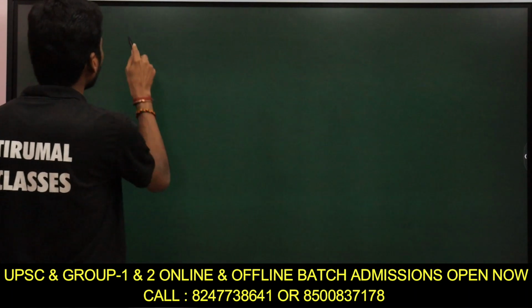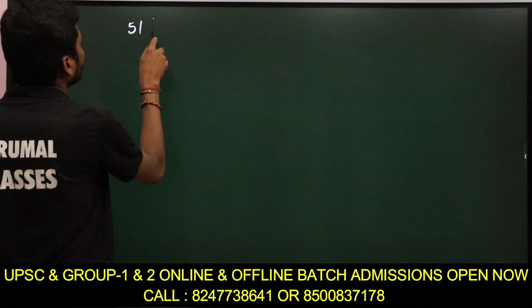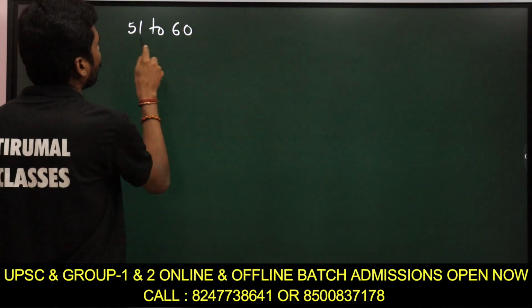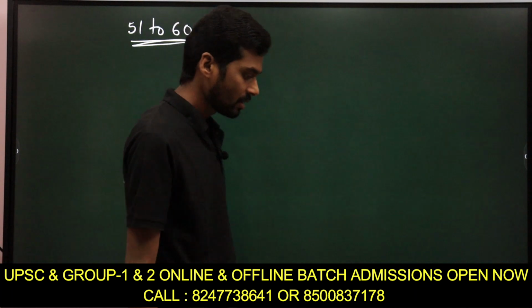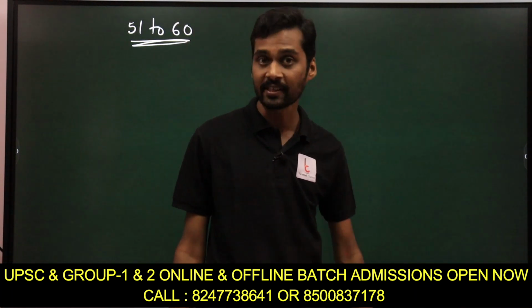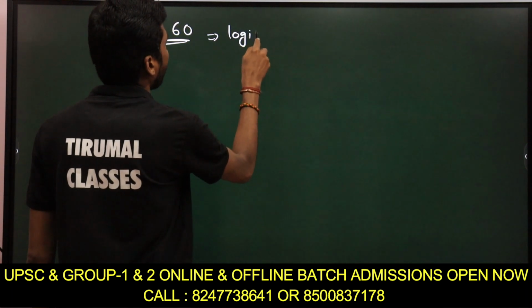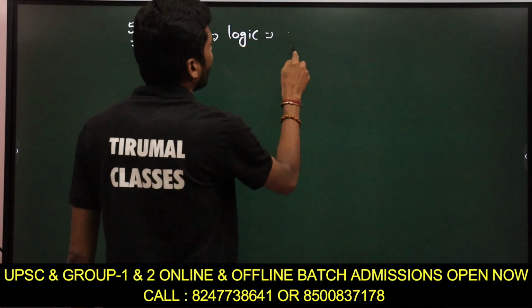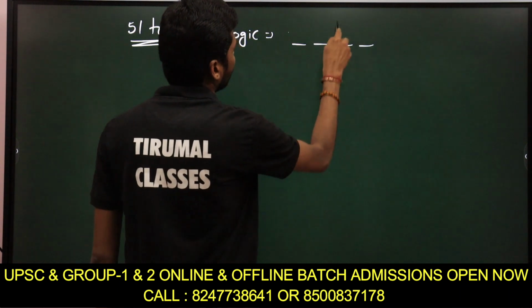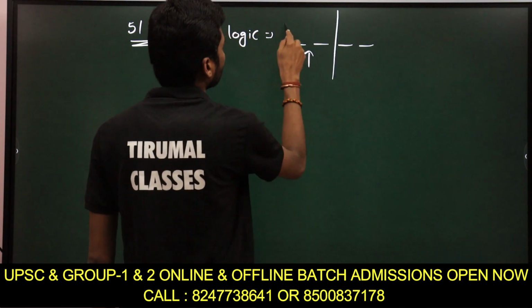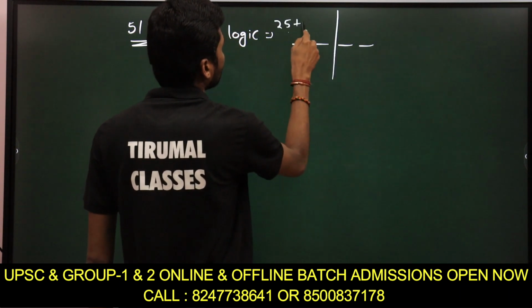Numbers from 51 to 60, to find out the squares for the numbers from 51 to 60. So the logic here is, again we have a 4-digit number. For the first 2 digits, the logic is 25 plus unit digit.